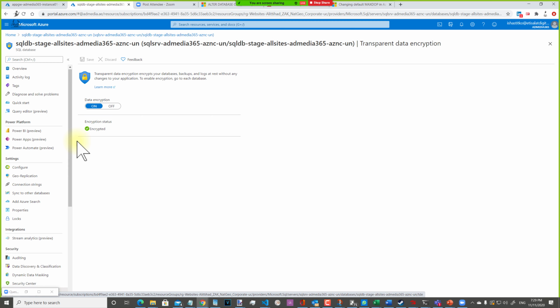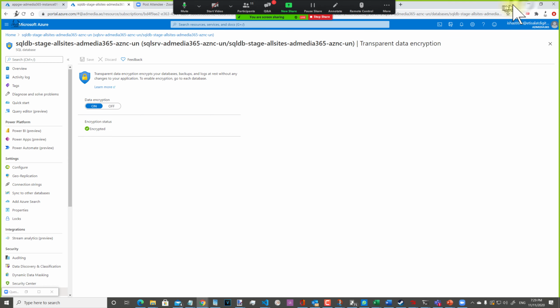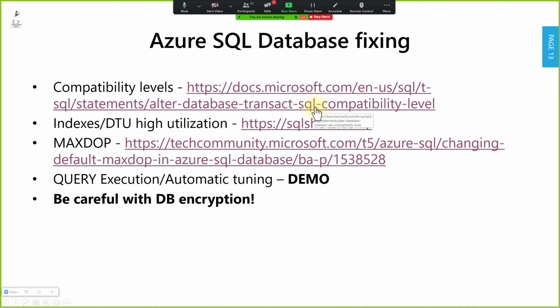Plus, you need to understand that the keys that you are using for encryption in UAE North or UAE Central could not be exported anywhere to the world, to any other Azure data center. It will just not work. This is the government regulation here in Dubai, here in UAE. So please be aware of this kind of configuration and this kind of encryption.